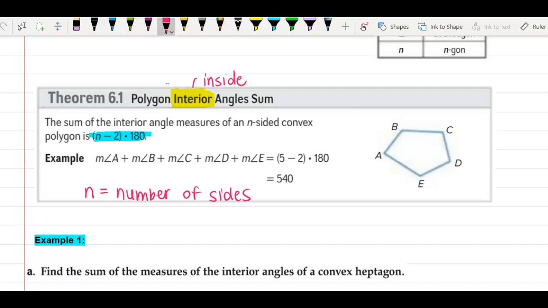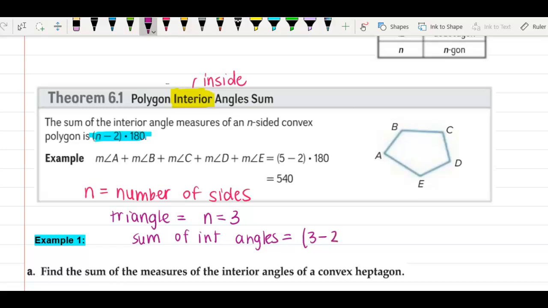If we start out super easy, let's think about a triangle. A triangle has 3 sides, so n is equal to 3. When we plug this into our equation, the sum of the interior angles would be (3 minus 2) times 180.